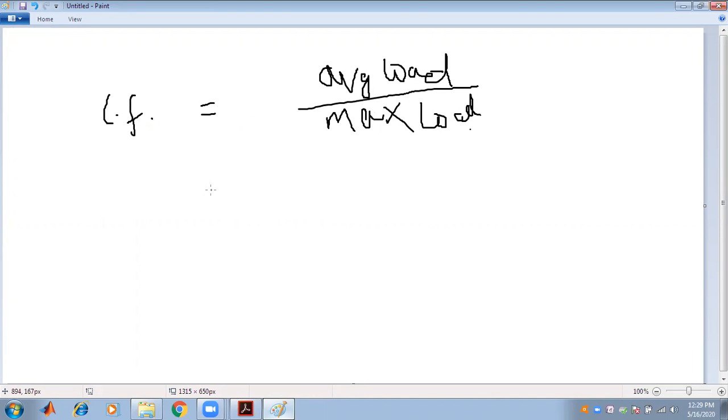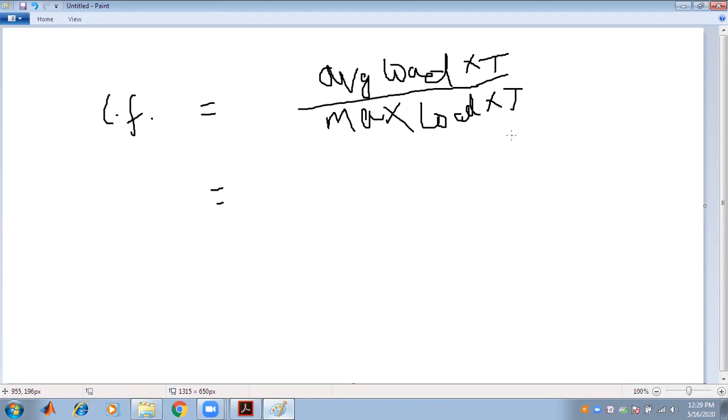If we multiply the numerator and the denominator with the time t, we can find the load factor.